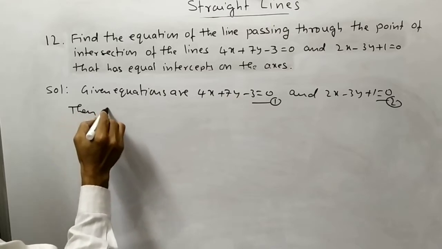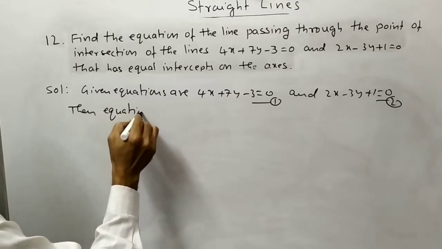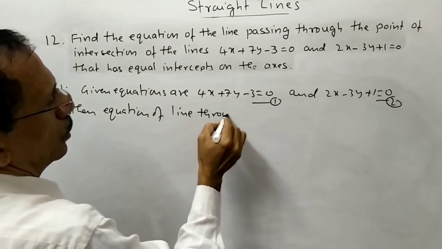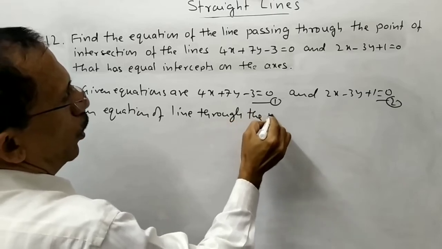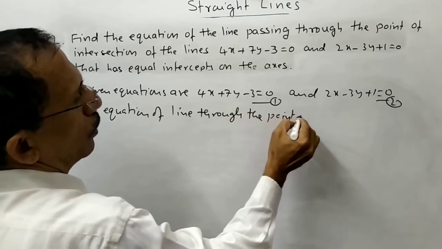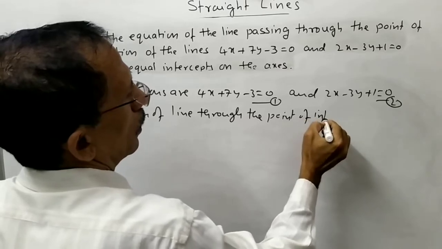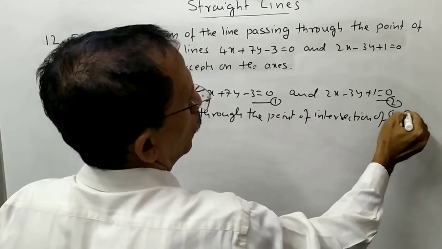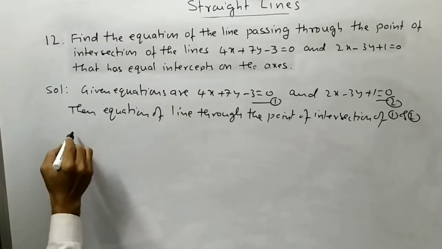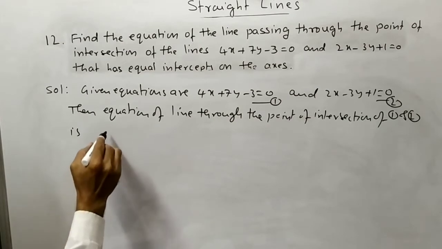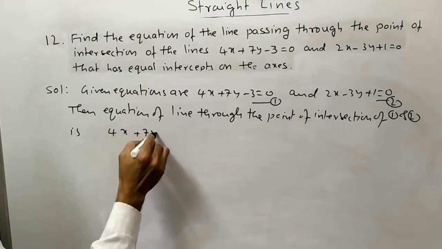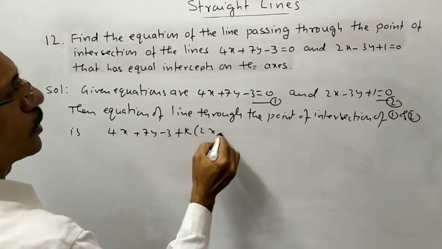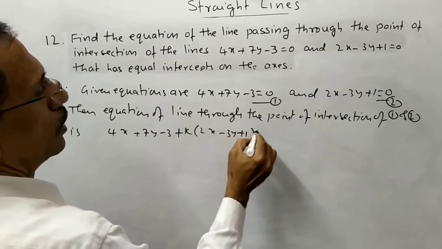Then the equation of the line through the point of intersection of 1 and 2 is 4x plus 7y minus 3 plus k into 2x minus 3y plus 1 is equal to 0.